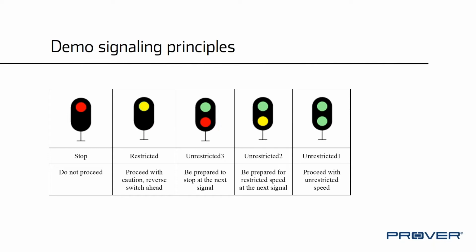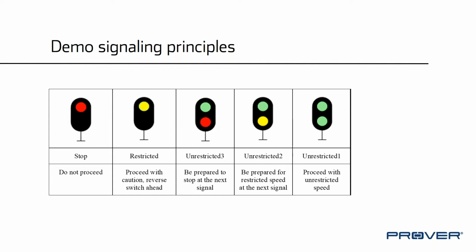Each signal here has a light at the top and at the bottom. The light at the top can have 3 different colors. It should be interpreted as some kind of main signaling lights. Red means stop, yellow restricted speed, and green is an unrestricted speed.